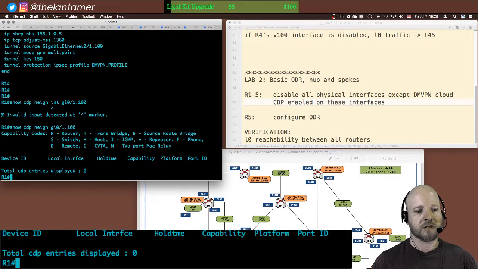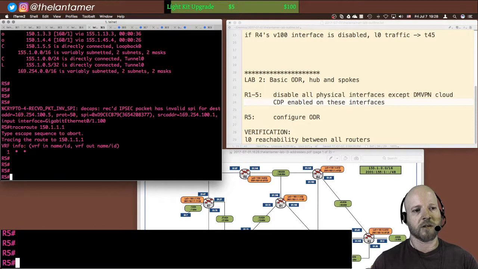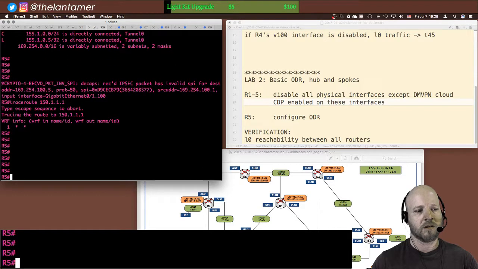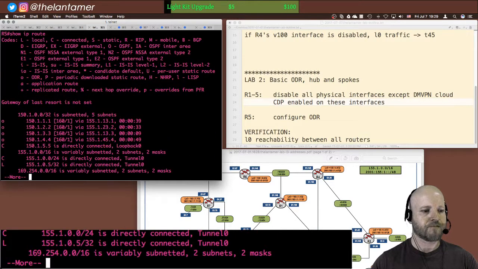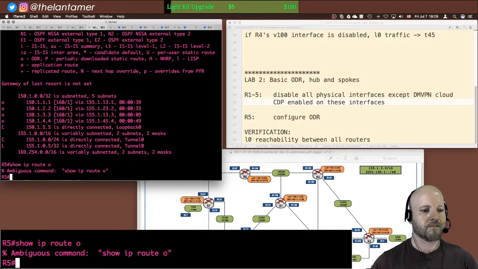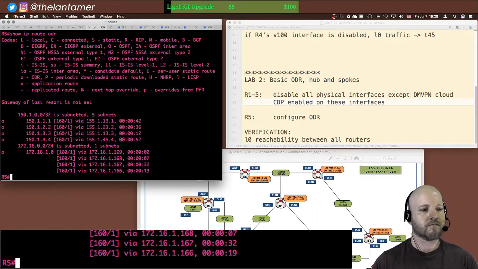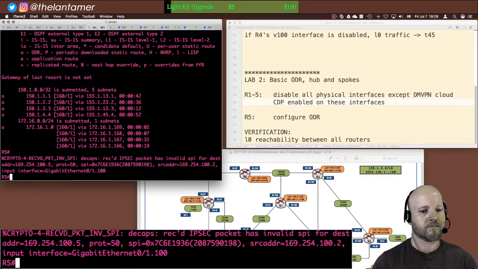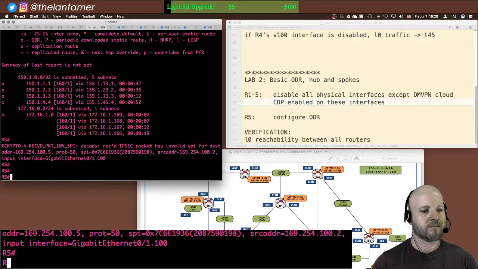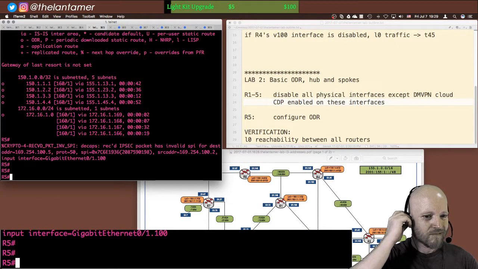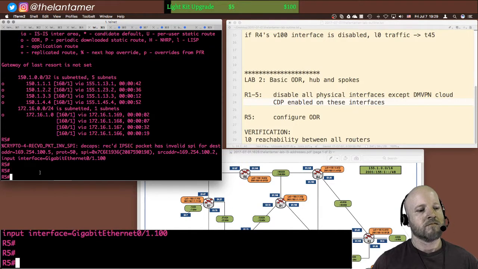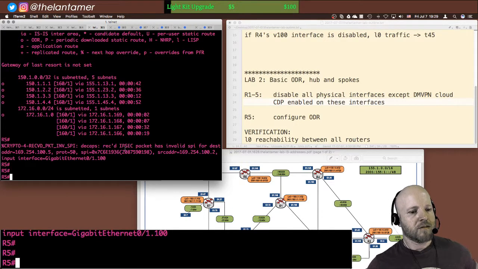No CDP entries displayed. So we've got ODR coming through. We've got some sort of received IPsec packet as invalid SPI for destination.